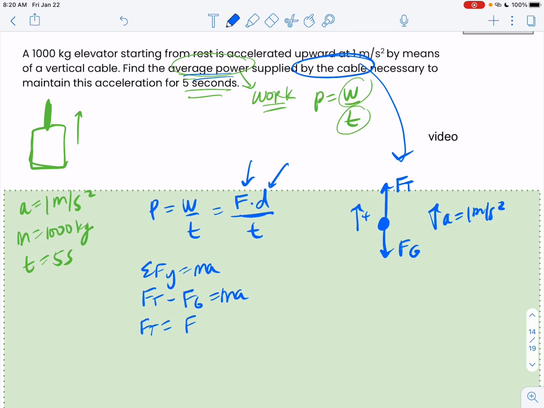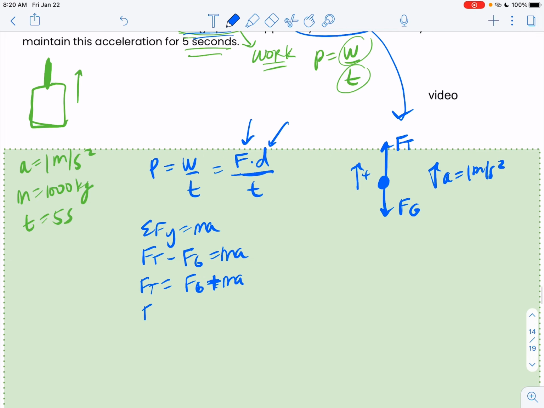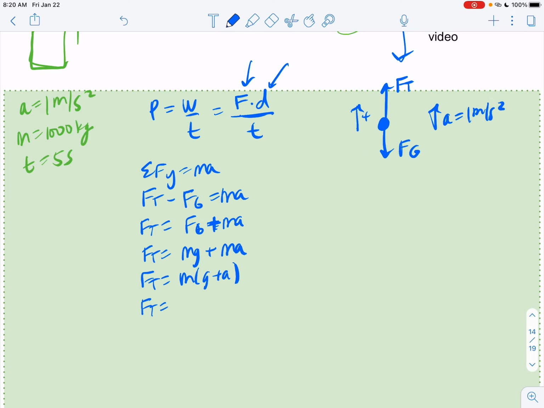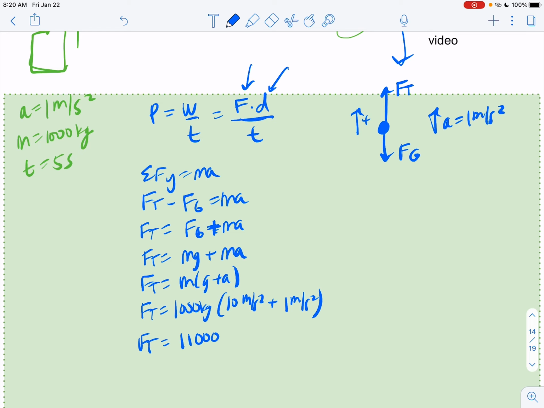The tension would be FG plus MA, which is mg plus MA, and then I'm going to factor out that M. So I have 1,000 kilograms times, I'll just use 10 here for g because it's not WebAssign, and that's going to be 1,000 times 11, which is 11,000 newtons is the tension force in the cable. So that is what I have to put there.